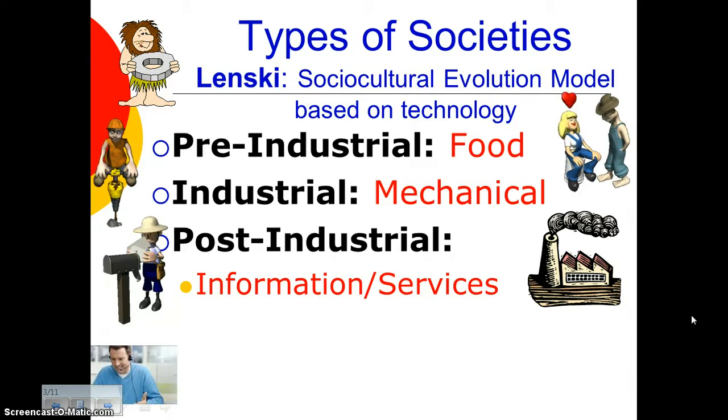In the United States today, over 75% of the workforce is involved in providing information or services. Only about 2% of our population is employed in agriculture or food production, and that leaves a little over 20% employed in the production of goods.